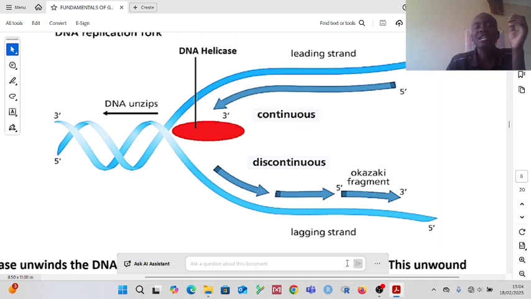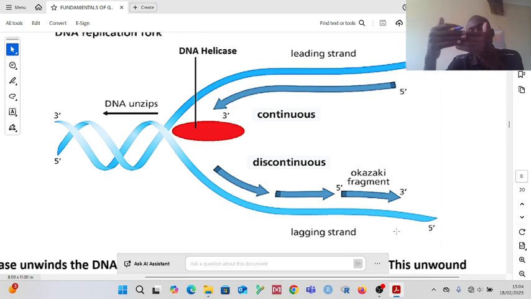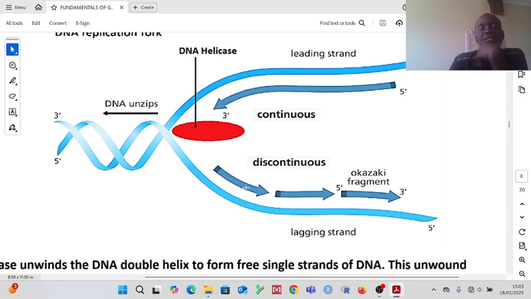That is the enzyme that comes in itusaidia kushona these fragments, okay, to join those fragments together. Okay, so the ligase now comes in to join the various Okazaki fragments together, so that we now end up with equally a continuous new strand, just like the strand we had on the leading strand.